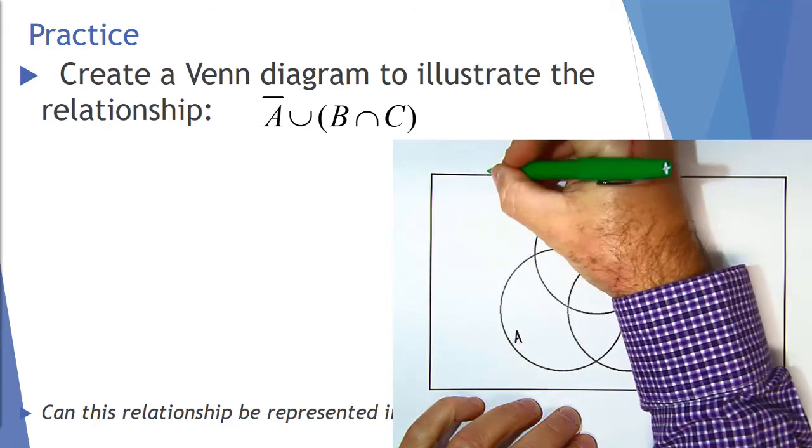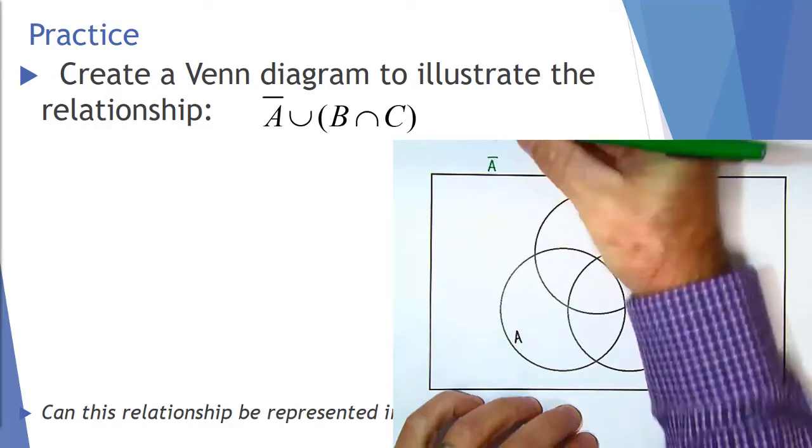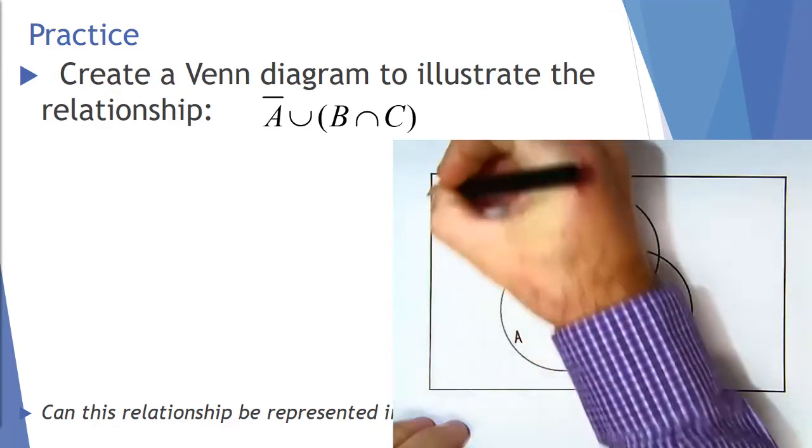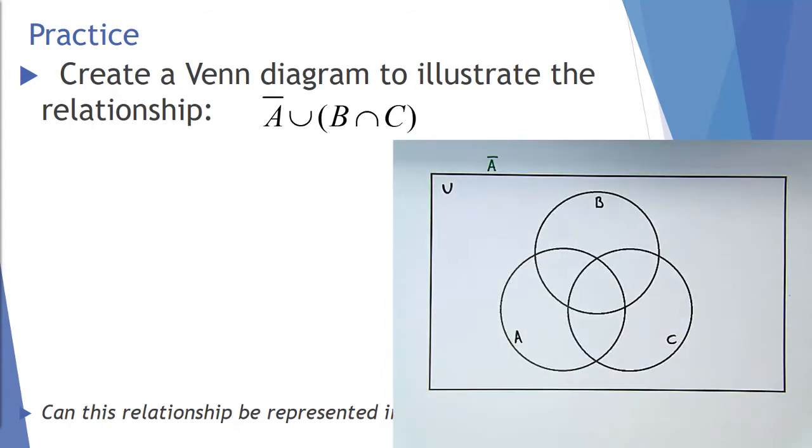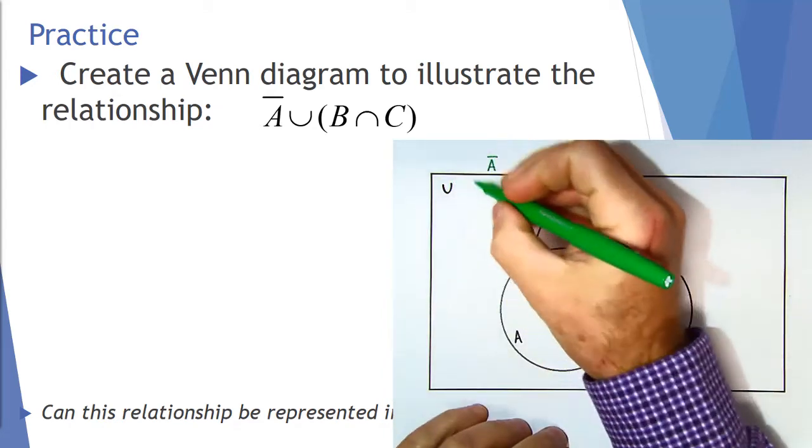The first region that we need to shade is the complement of A, everything inside our universe but outside of A. And I'll do that in green.